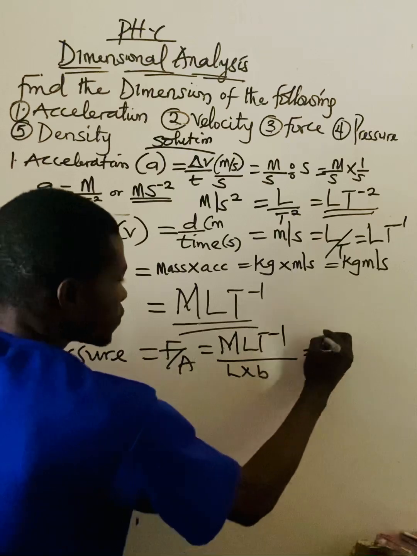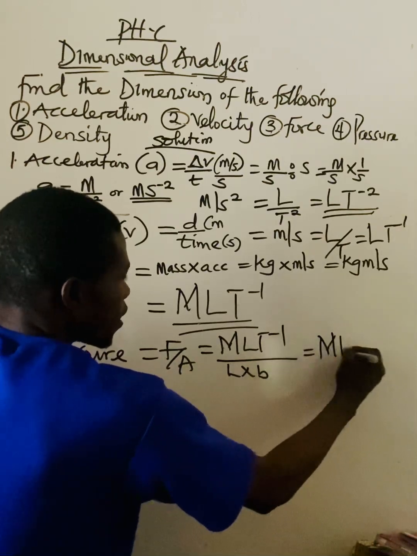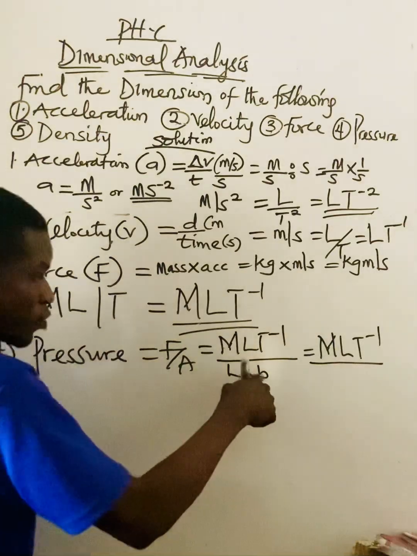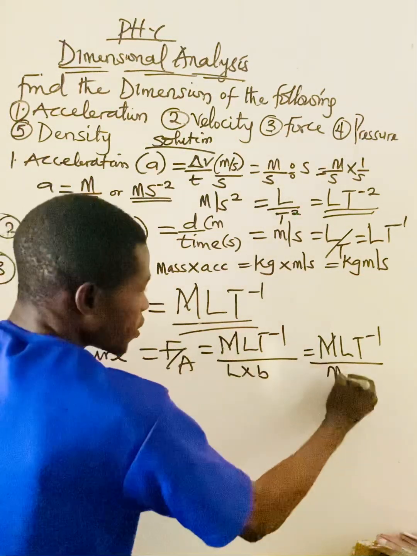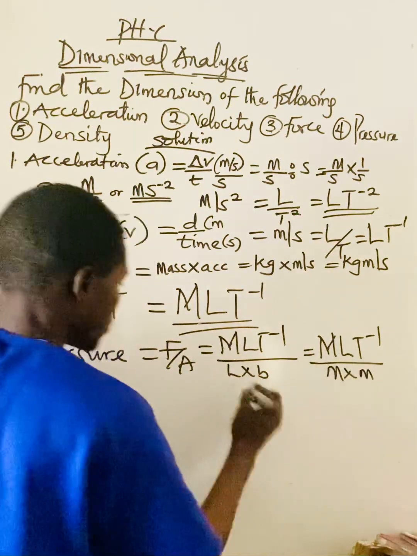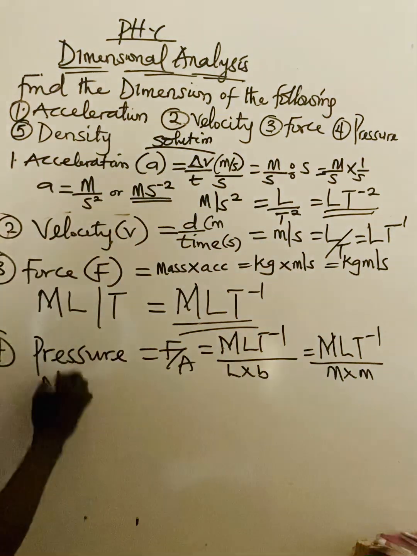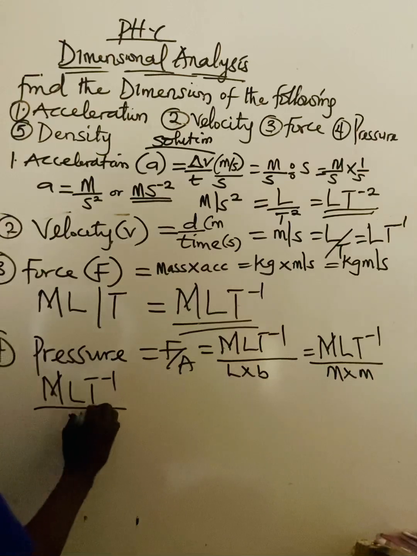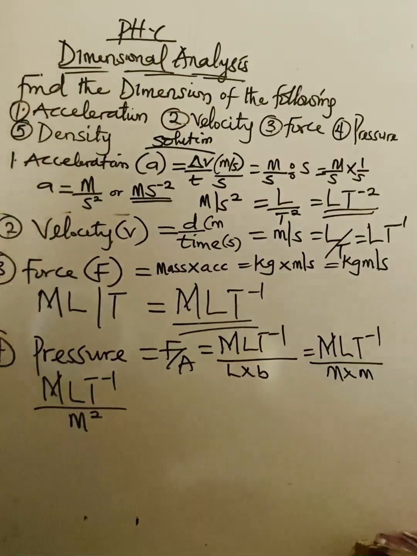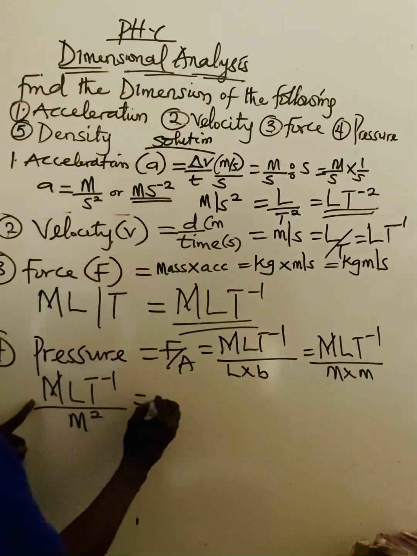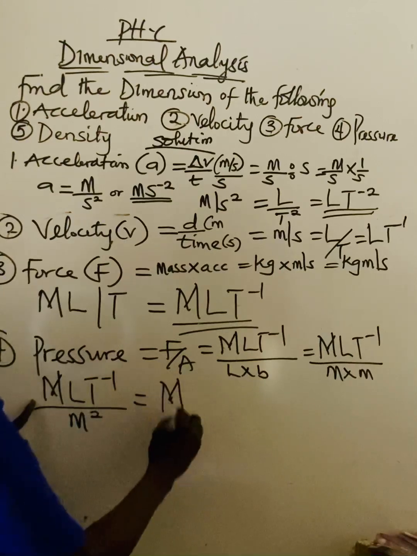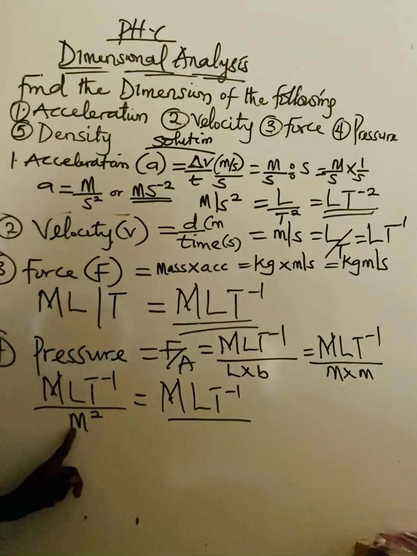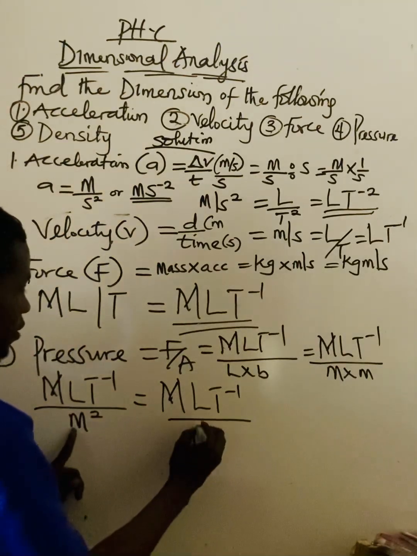This is measured in meter multiplied by meter, which is meter square. So I'm going to have M L T to the power minus 2 all over L square.